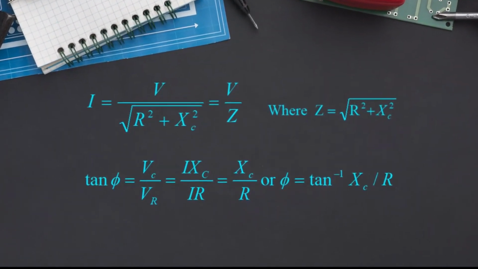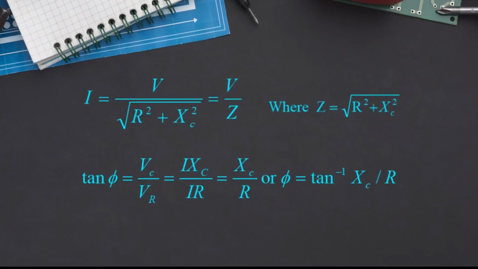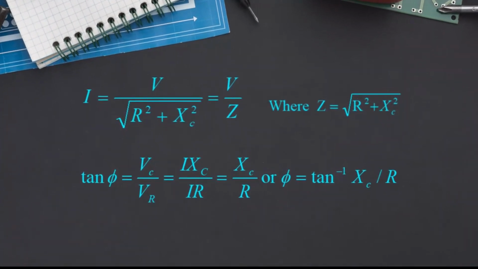So I equal to what? V upon under root R square plus XC square, where Z equal to under root R square plus XC square is the total opposition offered to the flow of this AC by an RC series circuit, and it is called the impedance of the circuit. It is measured in ohm.